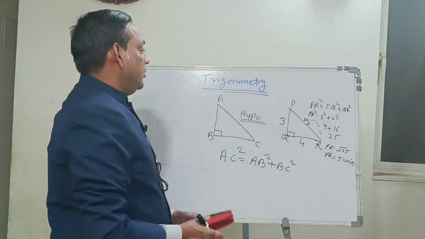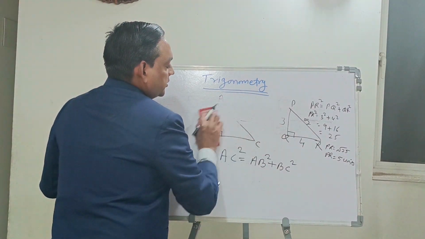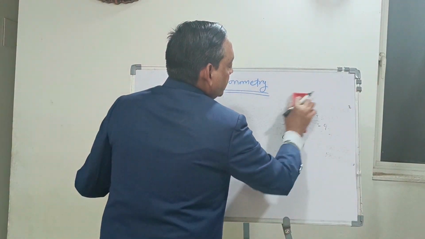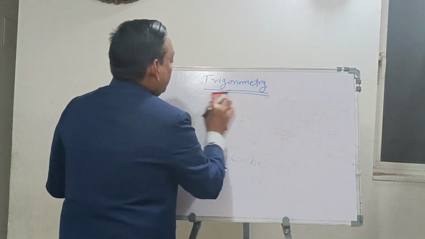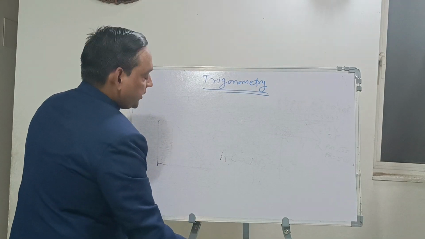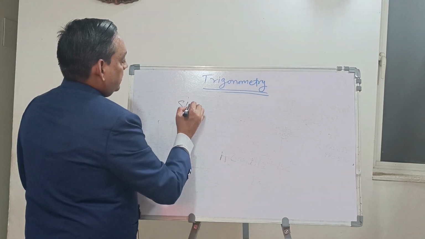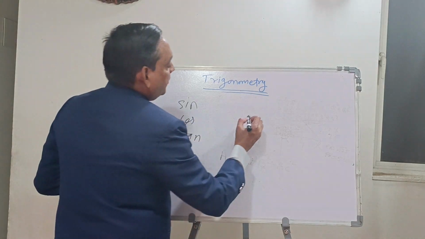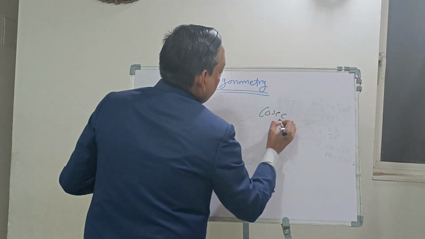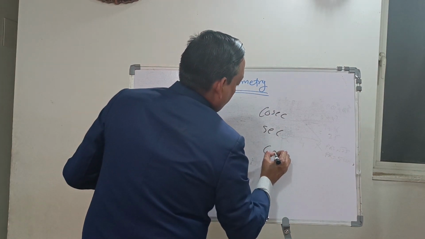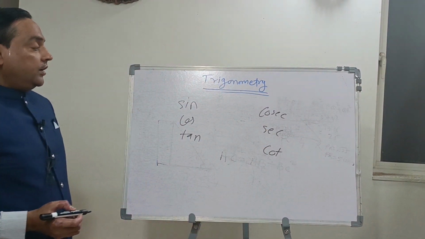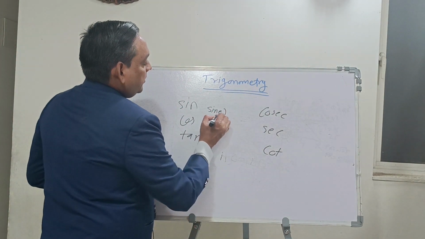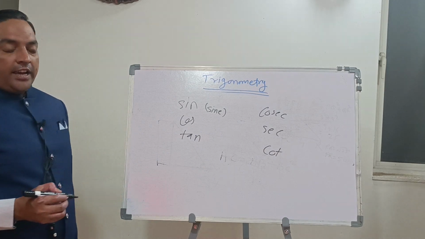Now in trigonometry, the first thing we have to remember is this Pythagoras theorem. Then the main things in trigonometry are sine, cos, tan, and in the same way cosec, sec and cot. Sine is actually spelled S-I-N-E, but in short form we write sine.